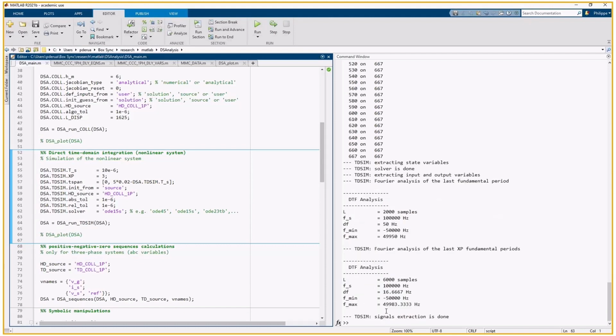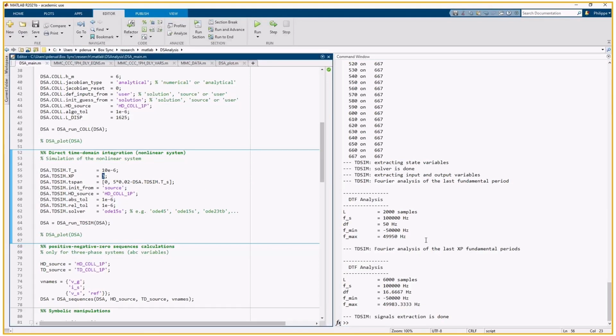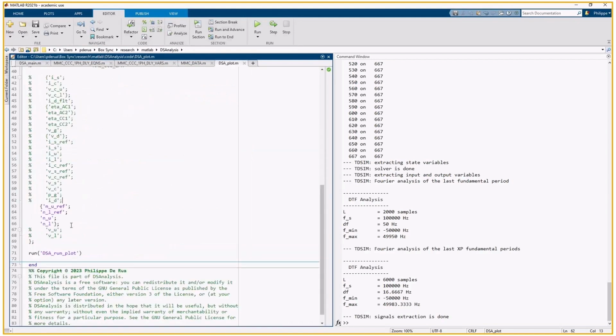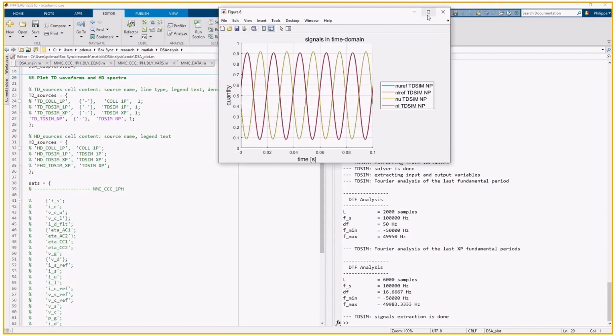Okay, so the extraction of the signals is done. See that I have also the usual Fourier analysis of the last fundamental period and of the last XP fundamental periods, still equal to 3 in this particular case. I can go and check the results. This time not the collocation method, but the complete time span that has been solved by a time domain simulation.